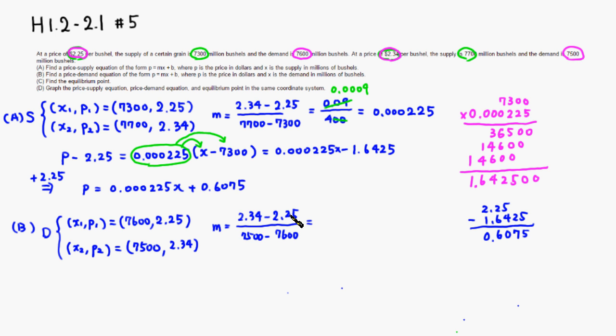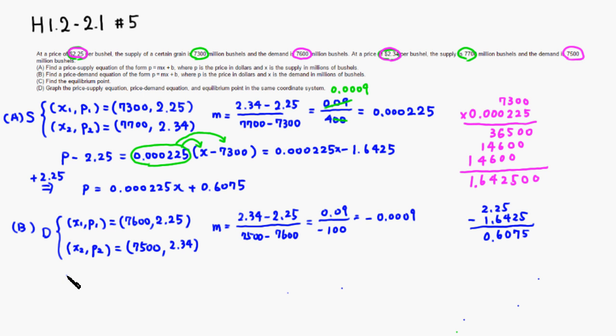So as before, you would get 0.09 divided by negative 100, which means it's going to be negative 0.0009.